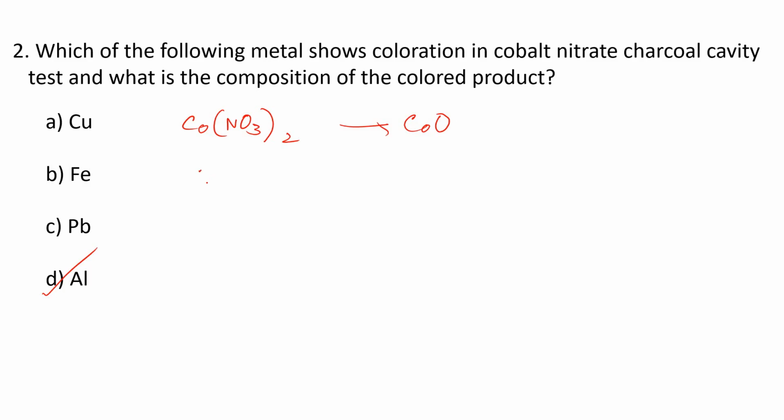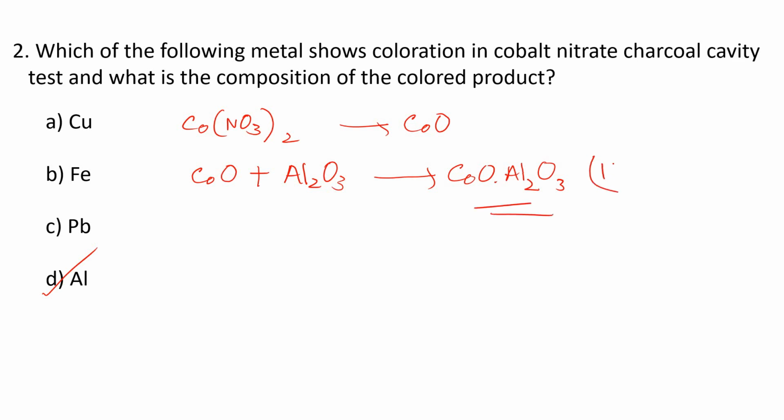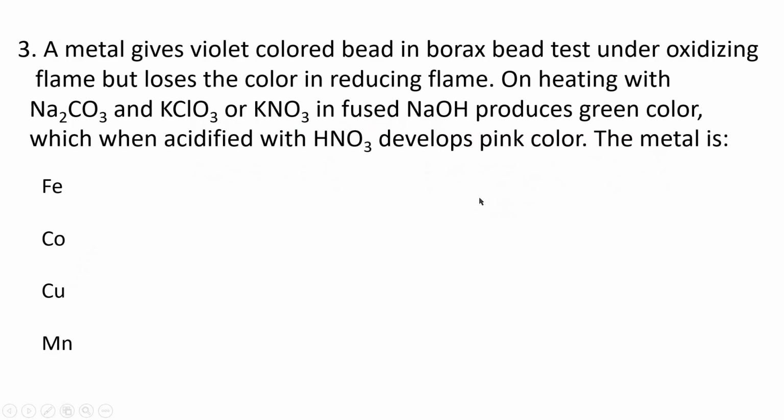And this cobaltous oxide reacts with the white oxide of this metal, here it is aluminium, that is Al2O3, and gives the compound like this. For aluminium, the compound will be this one, and its color is blue. It gives the blue color. Now coming to the third multiple choice question.